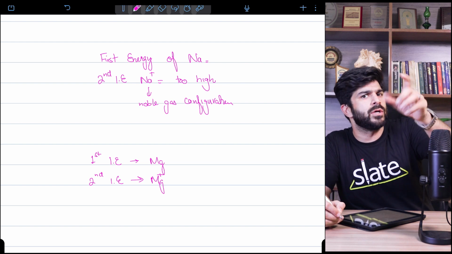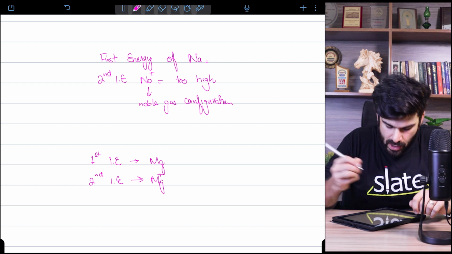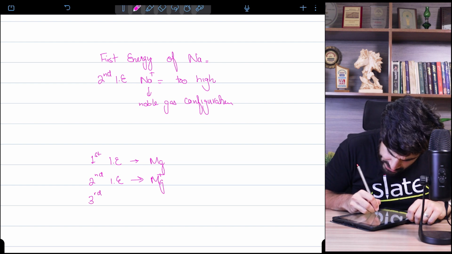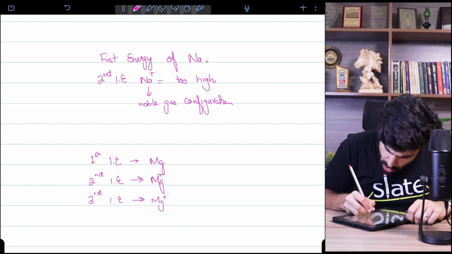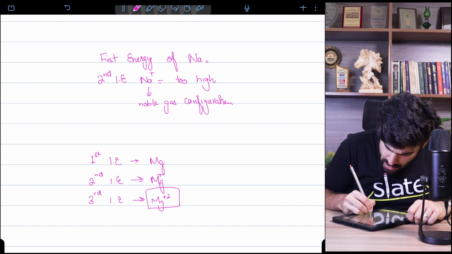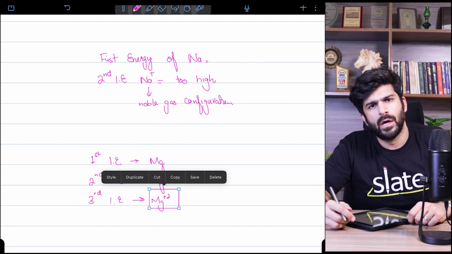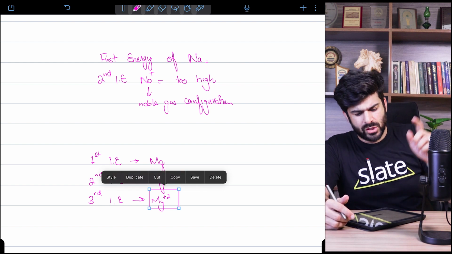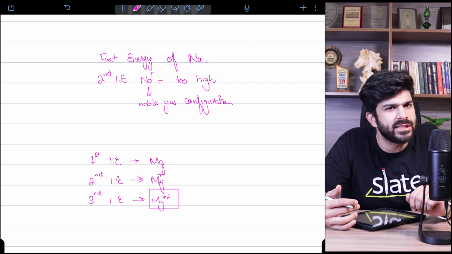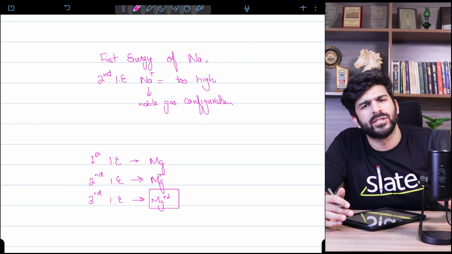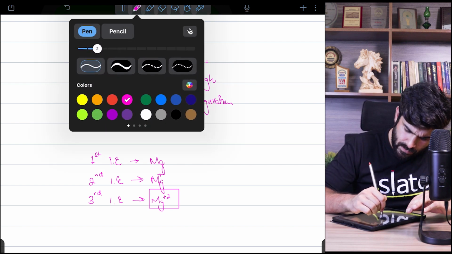It would be a little higher, but not too high because this is still not a noble gas configuration. But the third ionization energy of magnesium is from a noble gas configuration. Students, that will be too high. So that is why we cannot compare sodium and magnesium together on the basis of their second and third ionization energies. We'll be stuck to the first ionization energy. That is something you should remember always.